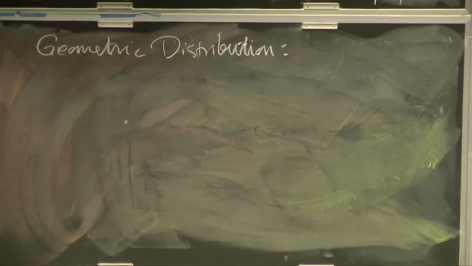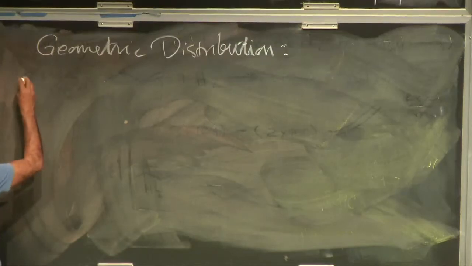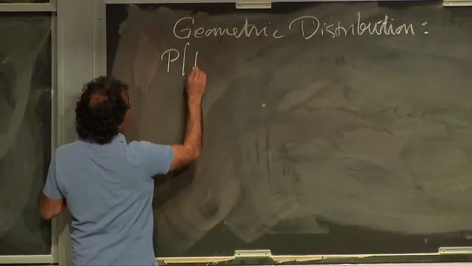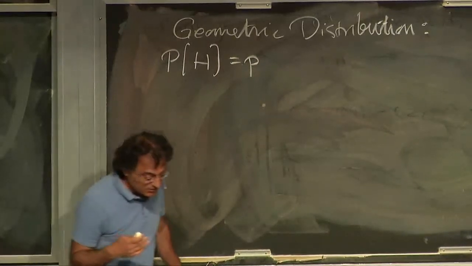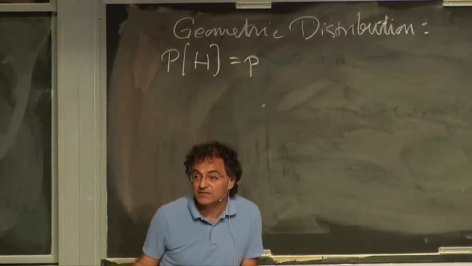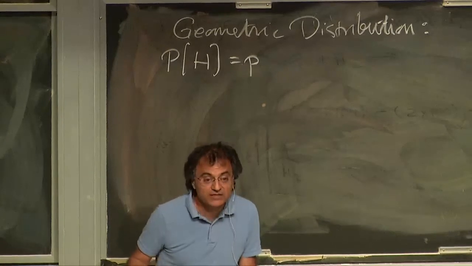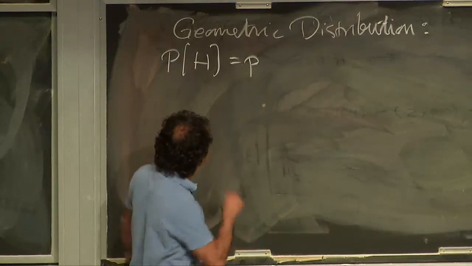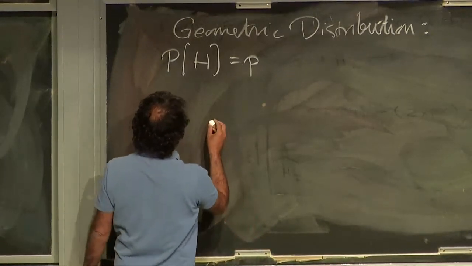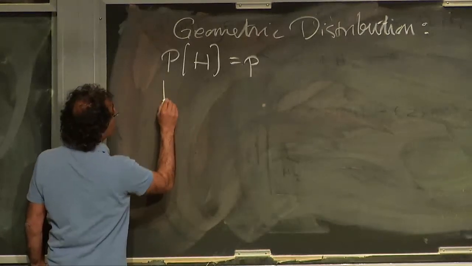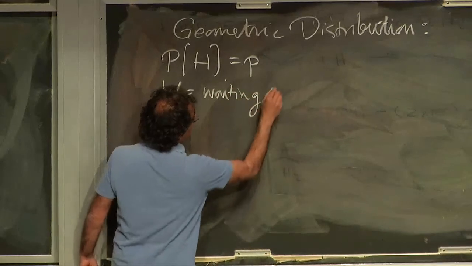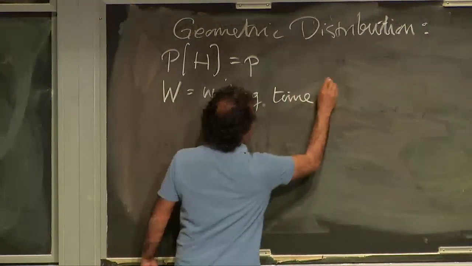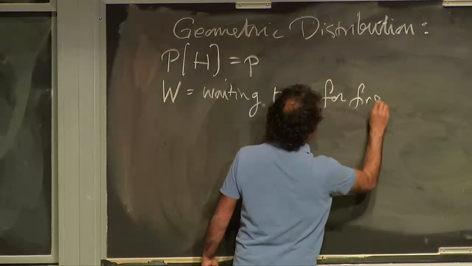So in the geometric distribution, what we're doing is we again have a coin where the probability of heads is p, but now we are not tossing it a fixed number of times, but instead we keep tossing it until we get the first heads. Okay, so the random variable involved is w, which is the waiting time for the first heads.